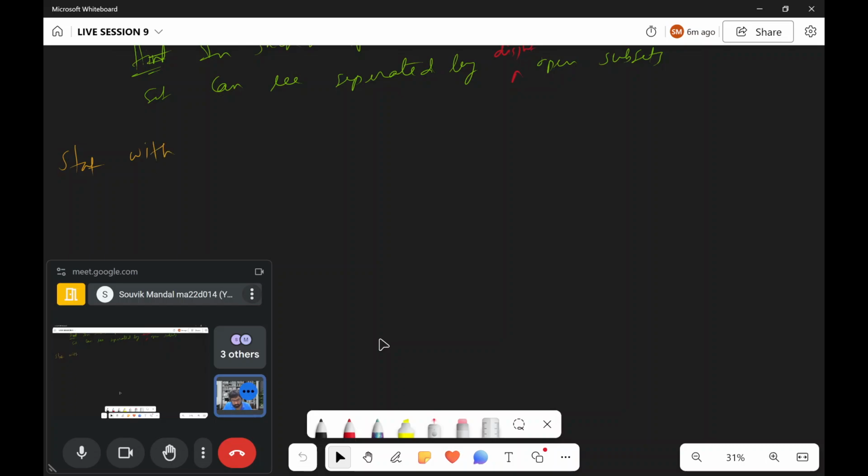So start with two disjoint closed subsets A and B of X. These are two disjoint closed subsets.